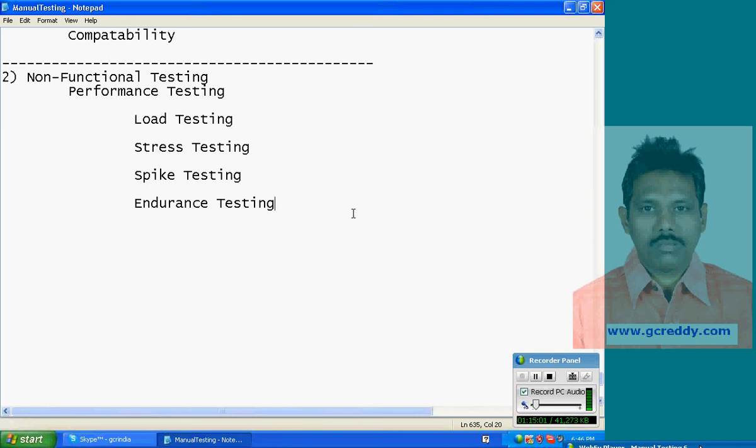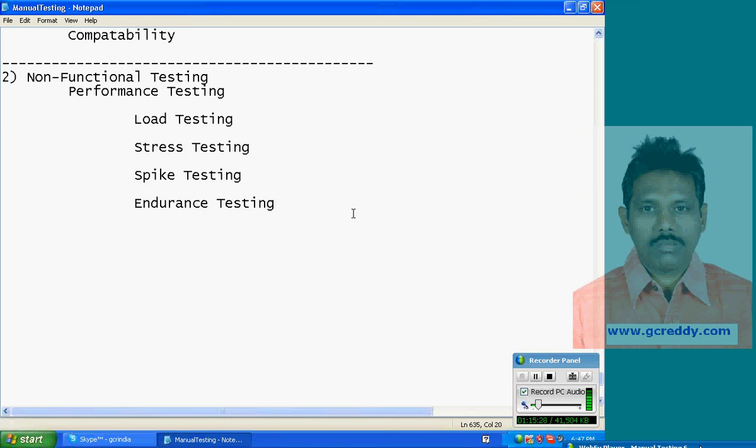See, the name itself defines the purpose. Stress testing: measuring a component or system's behavior. You can say that for load testing also. Already I told you some non-functional test types are applicable at component level also, so you can use that widely. Otherwise, you can say measuring the system behavior.